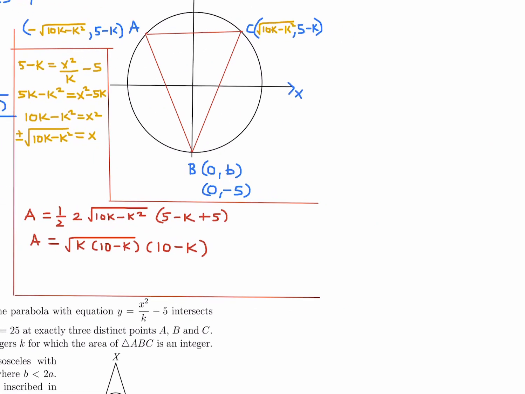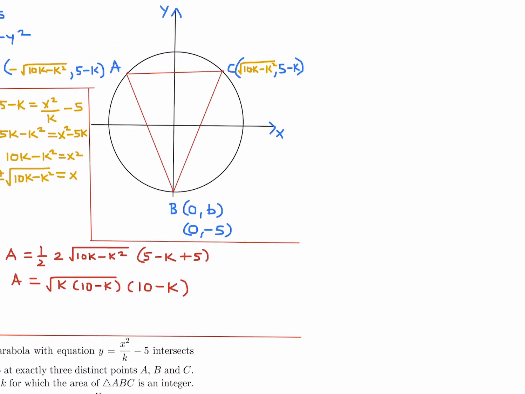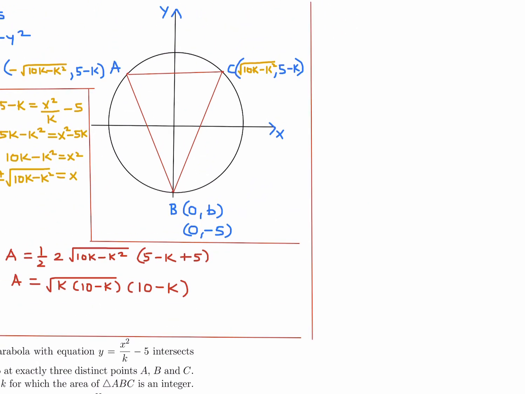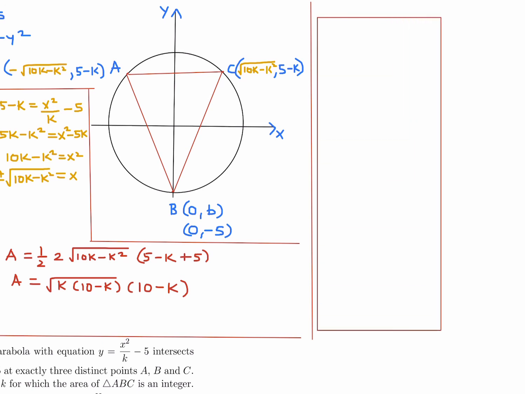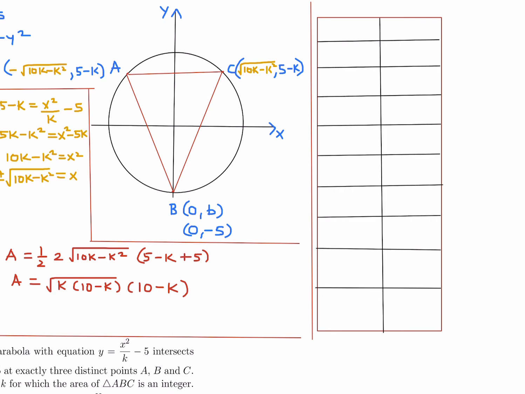Now at this point, now that I've got this simple formula, we have to make a table and try to figure out what values of k will give an integer value for the area. And remember, they actually told us in the question, they gave us a hint that k is between 1 and 9.